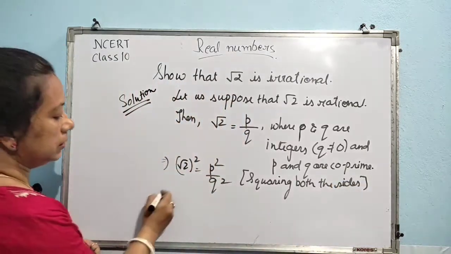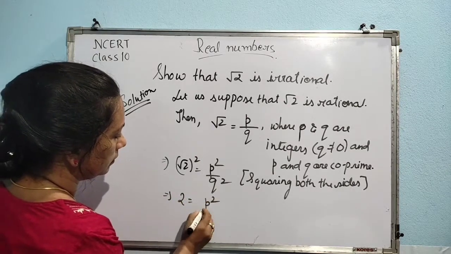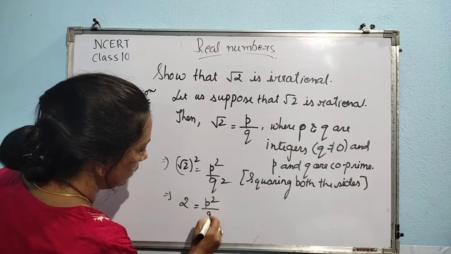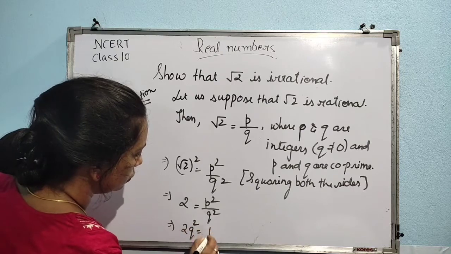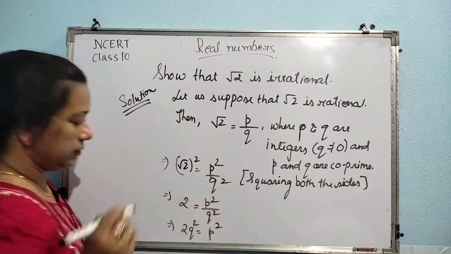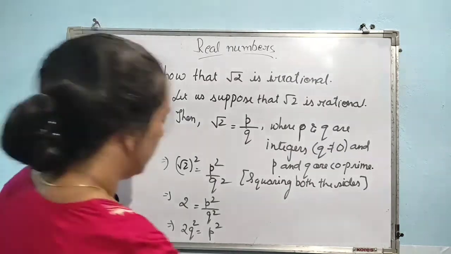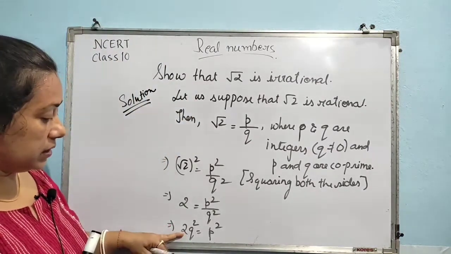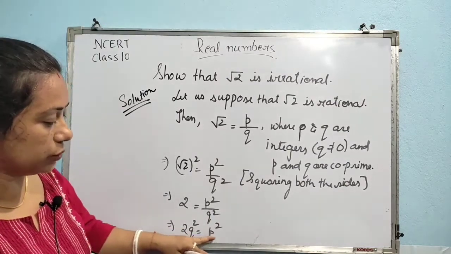Now ultimately 2 is equal to p square by q square, which implies 2q square is equal to p square. We have arrived at that stage where 2q square is equal to p square.